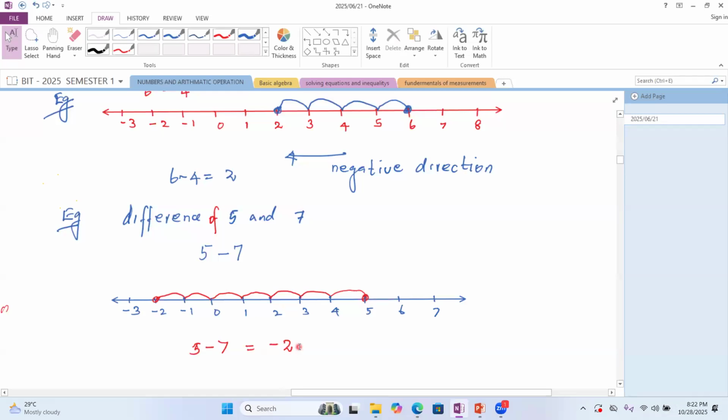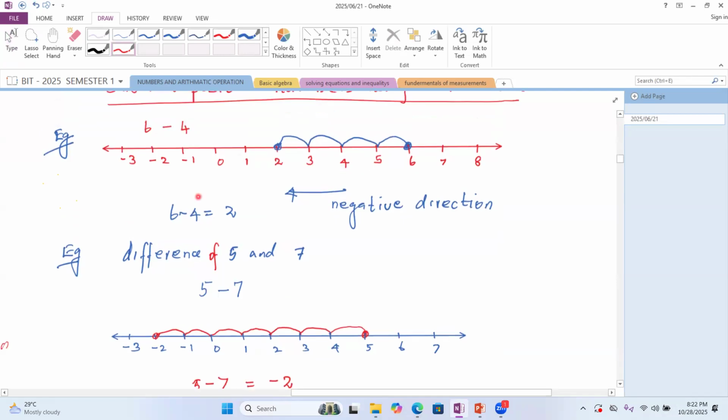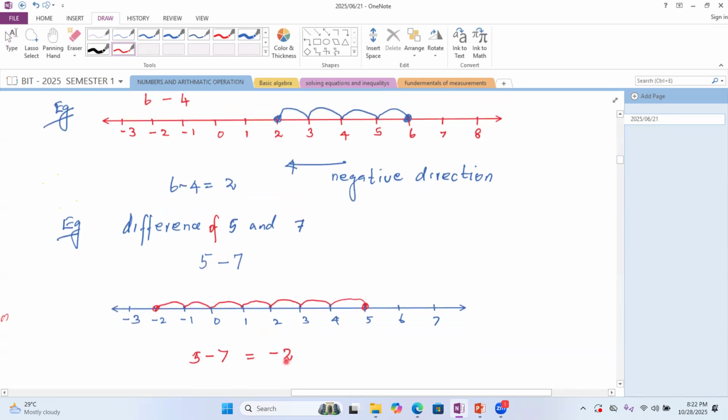That is, when the smaller number is subtracted from the larger number, we get a positive result. When the larger number is subtracted from the smaller number, we get a negative result. That is subtracting positive numbers using the number line.